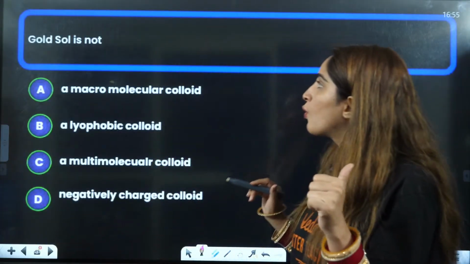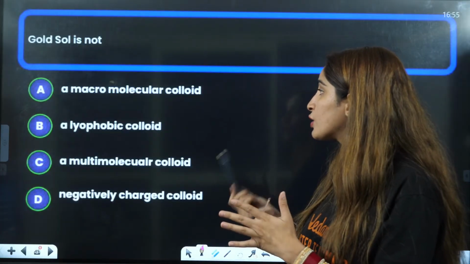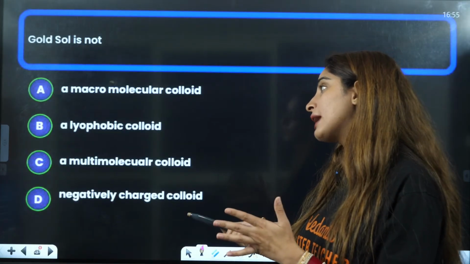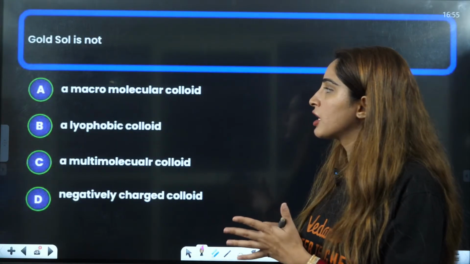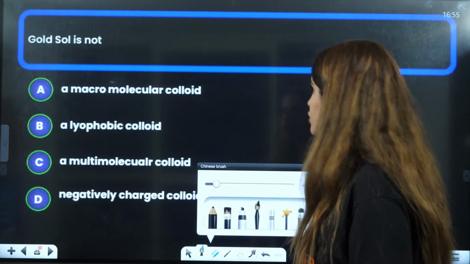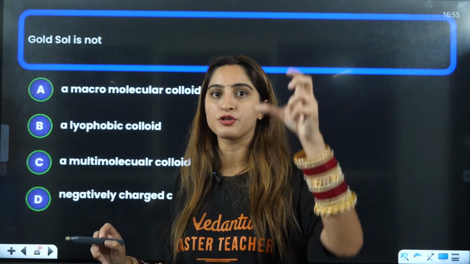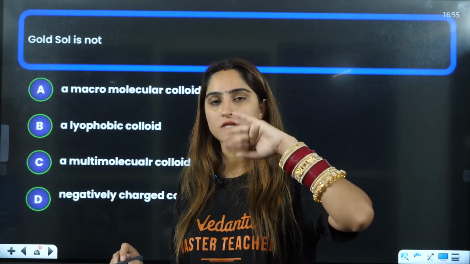Gold sol is not a macromolecular colloid, a lyophobic colloid, a multi-molecular colloid, or a negatively charged colloid. So gold sol is basically a colloidal solution. There is a table in surface chemistry where you get to know different solutions.